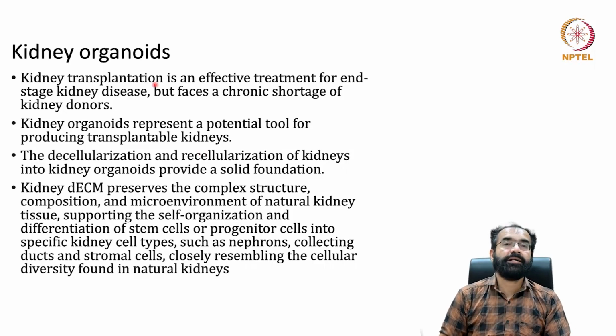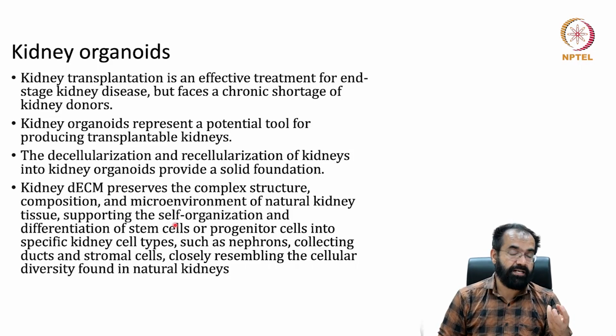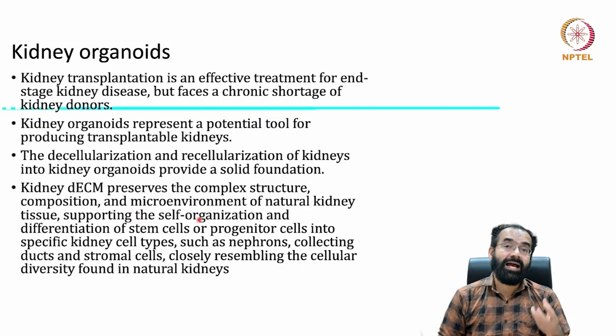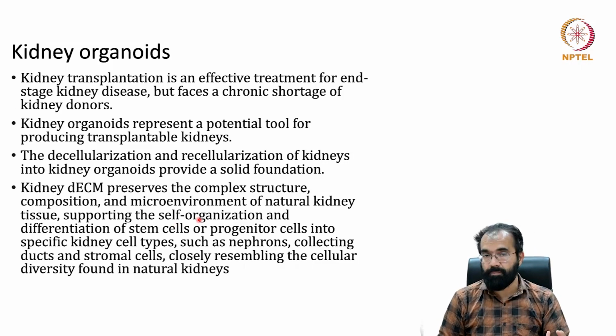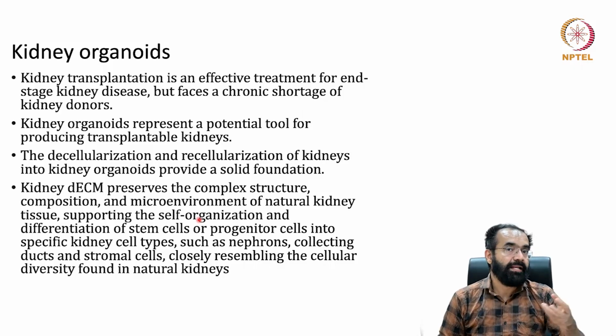So looking further into the kidney organoids, kidney transplantation is an effective treatment. We know that kidney organoids represent the potential tool. The decellularization and recellularization must be done effectively, and the kidney DECM has the ability. It can be taken from a pig, it can be taken from any other related organism.